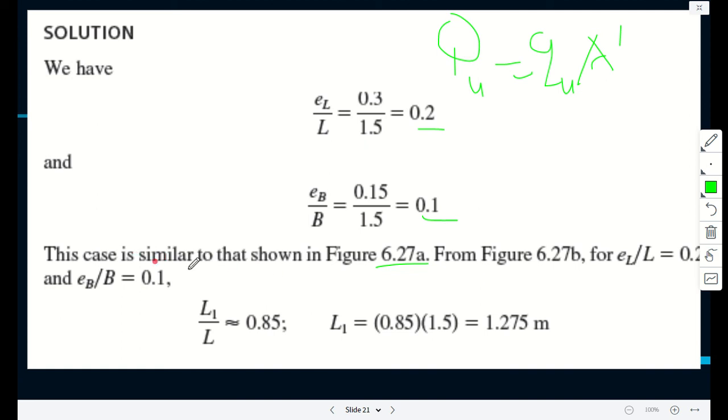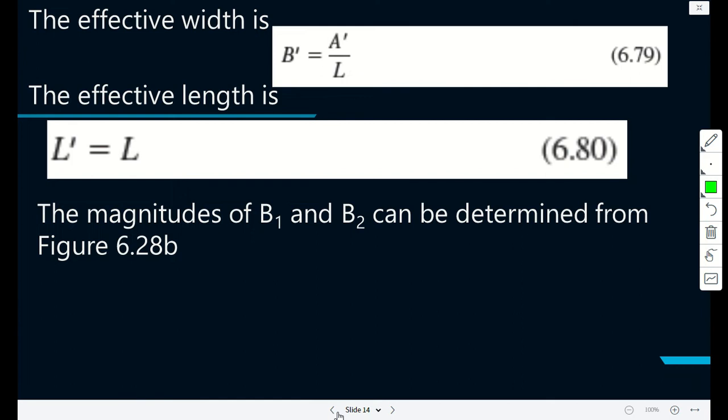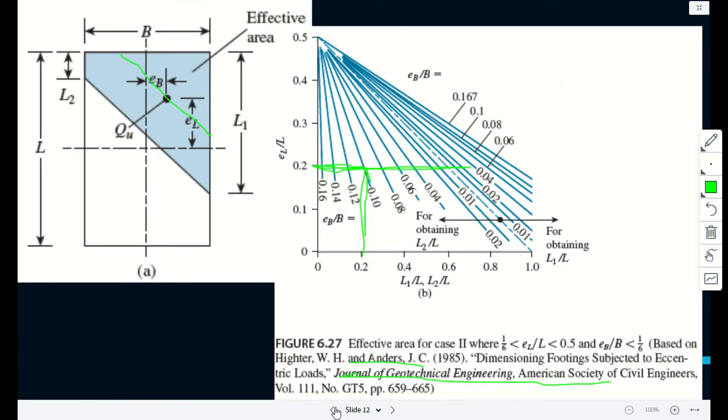From figure 6.27b to 7b, right? So 0.1, unless I'm reading my own stuff. 0.2 is here, right? 0.2. Something is wrong with the reading. It's about 0.2.